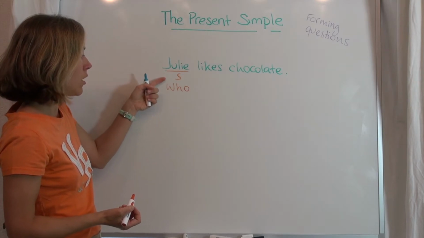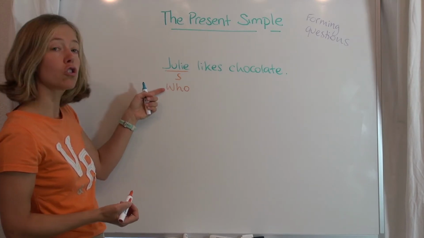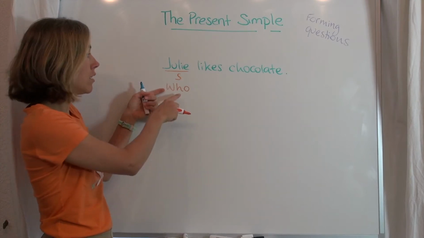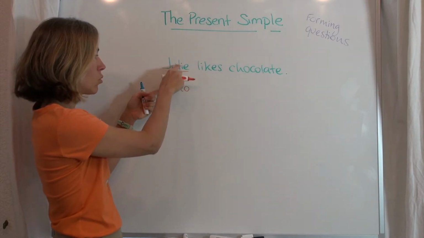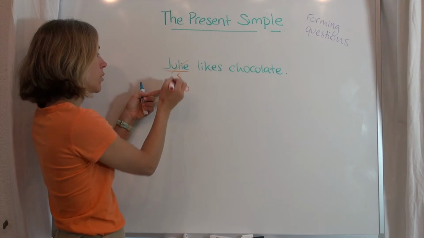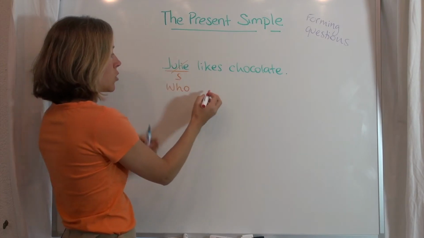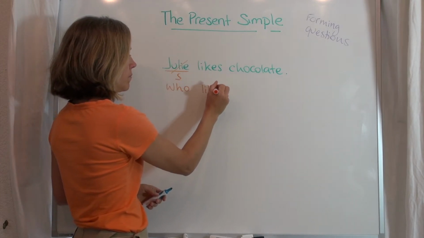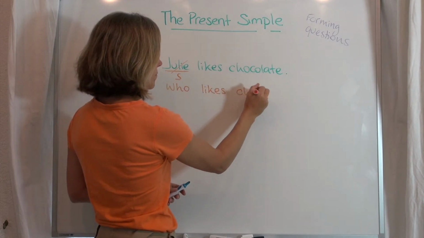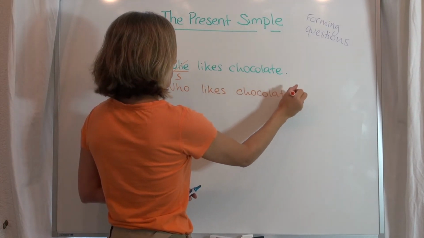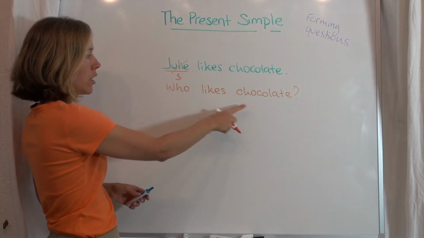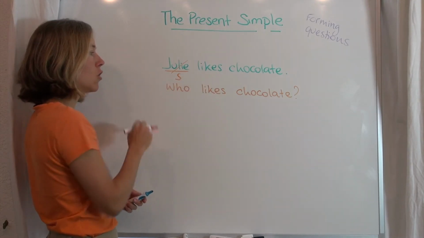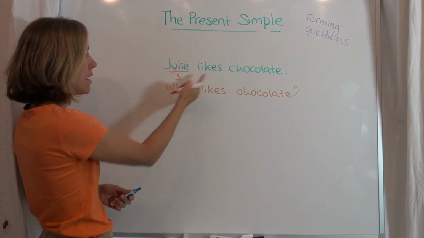Et comme Julie est le sujet, on ne change pas l'ordre, ça reste pareil. On met who, après on rajoute likes et chocolate. Julie likes chocolate. La question c'est who likes chocolate? On veut savoir qui aime le chocolat.